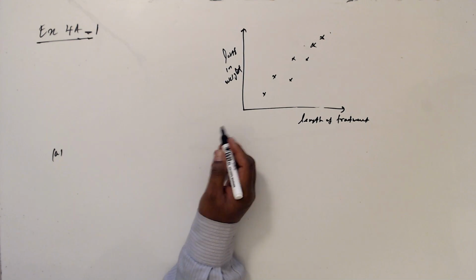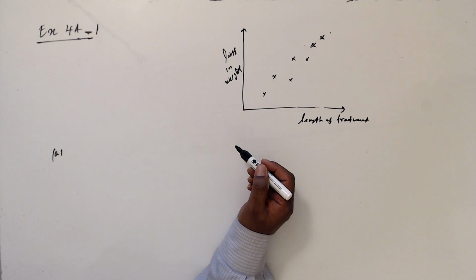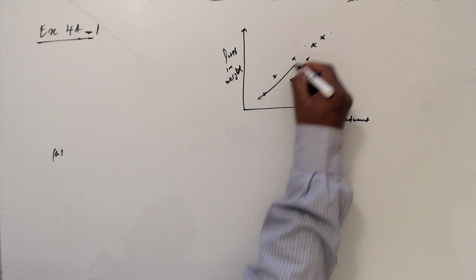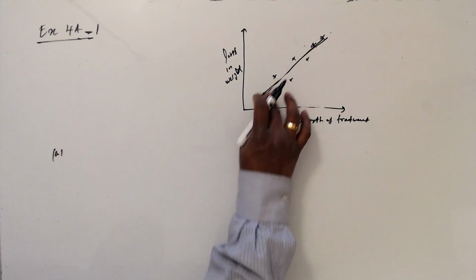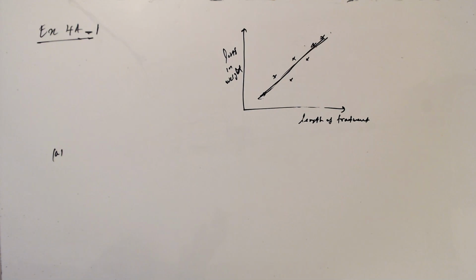So now, when you look at these points, I think you can represent this data by a line. It is fair to represent this data by a line. Yes, if it is fair, then there is a correlation.